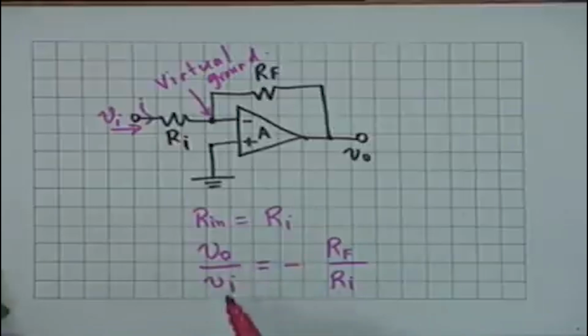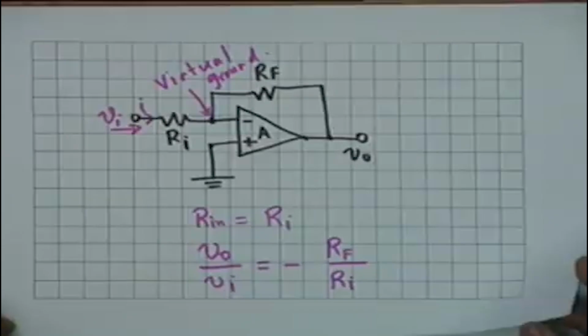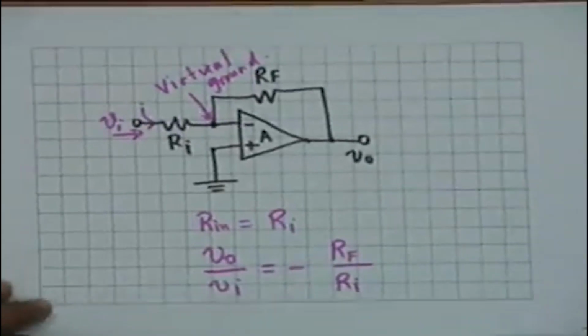That is, if Vi is plus 1 millivolt, then V0 would be minus 1 millivolt multiplied by the gain factor Rf by Ri. Does the relation V0 equals A (Vp minus Vn) not hold in this case? It does.